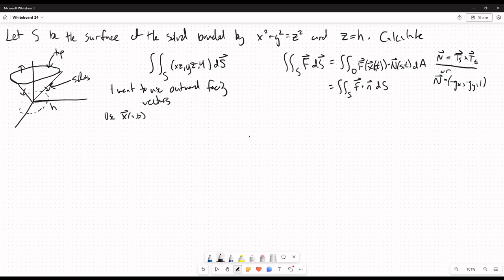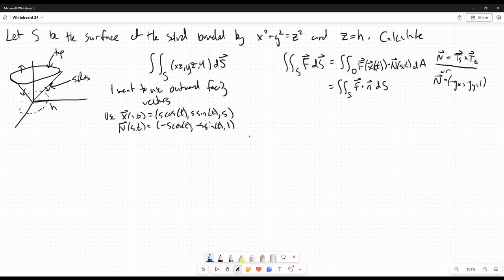Pretend there's an s there. Our parameterization was something like s cosine t, s sine t, s. And if you take a look, when we calculated n, it ended up being negative s cosine t, negative s sine t, 1.